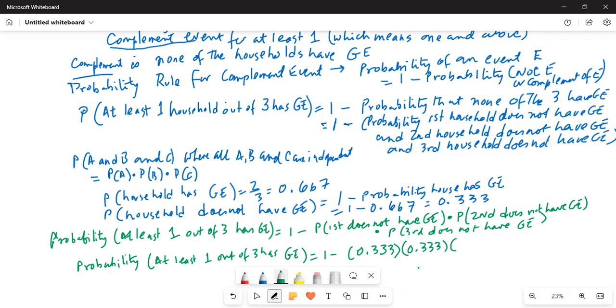So 0.333 cubed, and then is equal to 1 minus 0.333 exponent 3. So how to do it in the calculator?